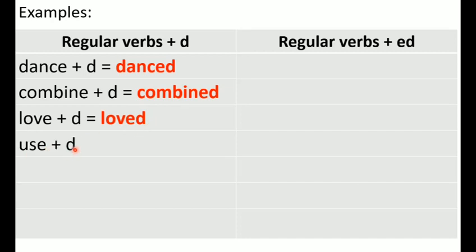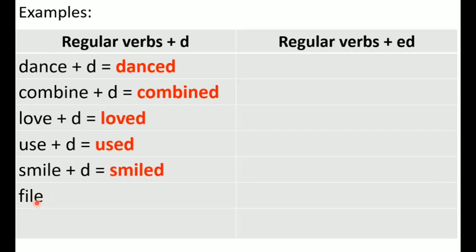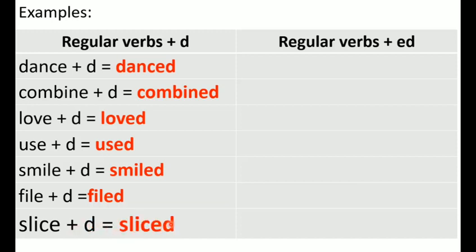Use, just add d, and it will become used. Smile plus d equals smiled. And then file plus d equals filed. Next is slice. We add d, then that will become sliced.